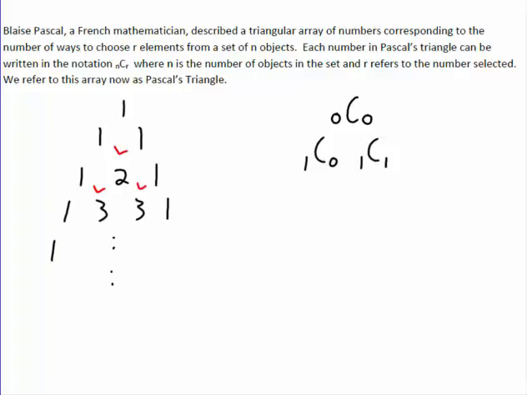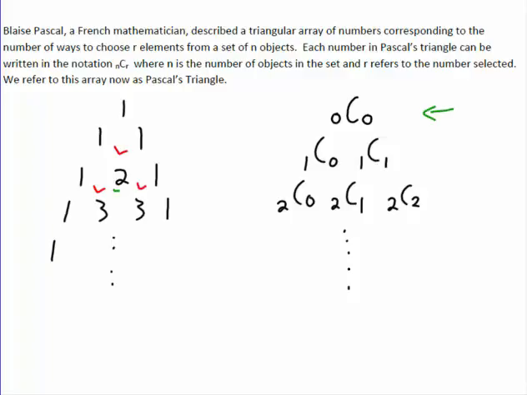The next row is 2C0, 2C1, and if you check 2C1, it corresponds to the number 2, and then 2C2, and that pattern continues. And again, you might think, well, what does that mean? Well, this is what we are going to learn and use about Pascal's triangle.